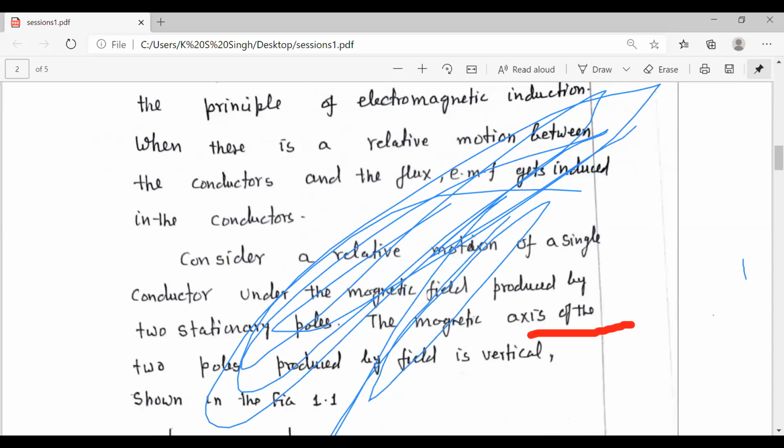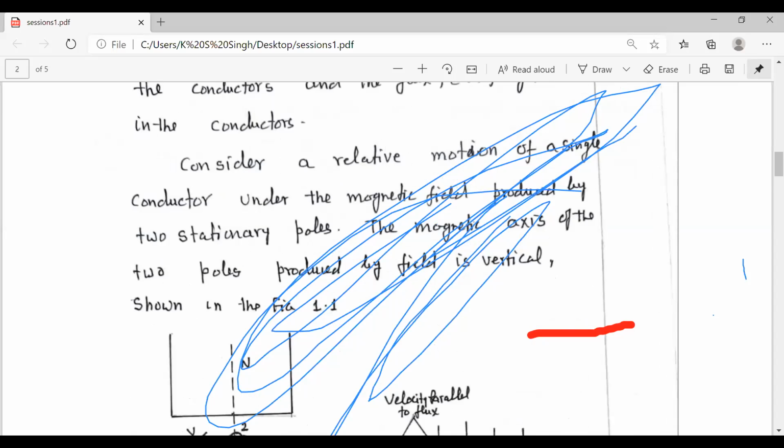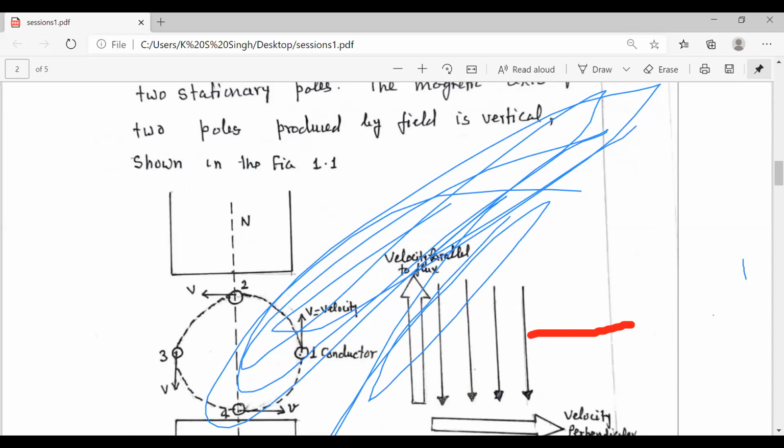Consider the relative motion of a single conductor as shown in figure 1. It is placed on the rotor, and the rotor is rotating in the anti-clockwise direction.